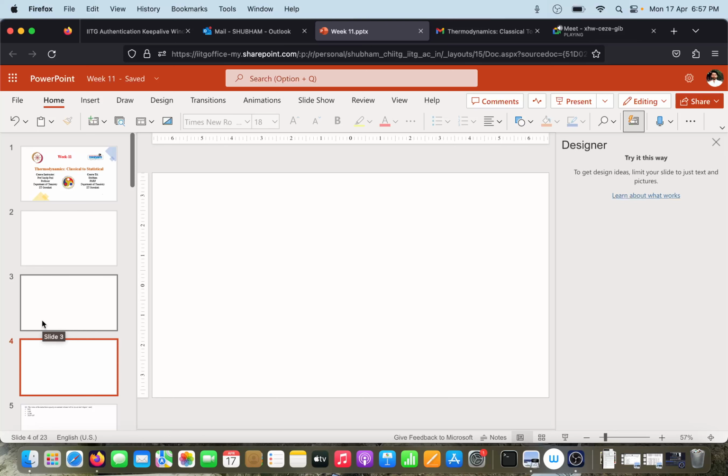So just solve this: 2.5 into 8.314 into 0.5135, this is giving 10.673 joule per Kelvin per mole. So this is 6.4 and this is 10.67. The next question now.